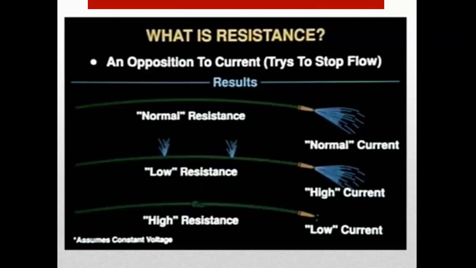Resistance is primarily a function of cardiac tissue and the position of the electrode, and it's measured in ohms. The normal range of resistance or opposition to the current for a cardiac pacemaker is 300 to 800 ohms, and a lead that is functioning properly has very little resistance.